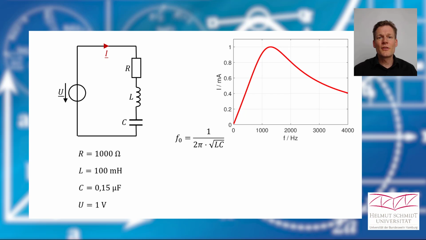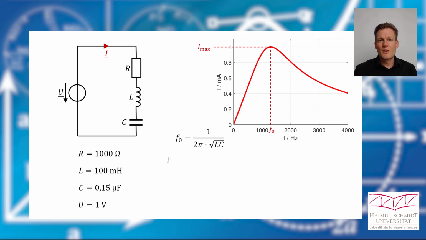Here I've drawn the diagram with a linear scale again. And we already calculated our resonance frequency. And we know that at the resonance frequency we have the maximum current. And now let's think about the power consumption of the circuit.